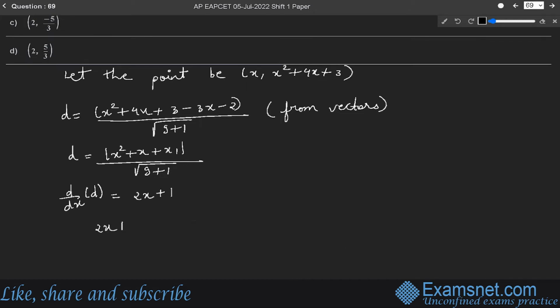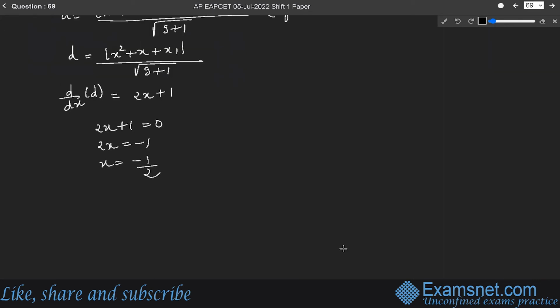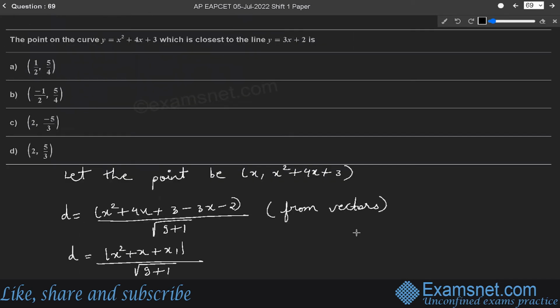Therefore, 2x plus 1 is equal to 0 and 2x is equal to minus 1. So, x will be equal to minus 1 upon 2. If x is equal to minus 1 upon 2, then y will be equal to 5 upon 4. So, we can say that the correct option here is minus 1 by 2 and 5 by 4, which is option number B here.